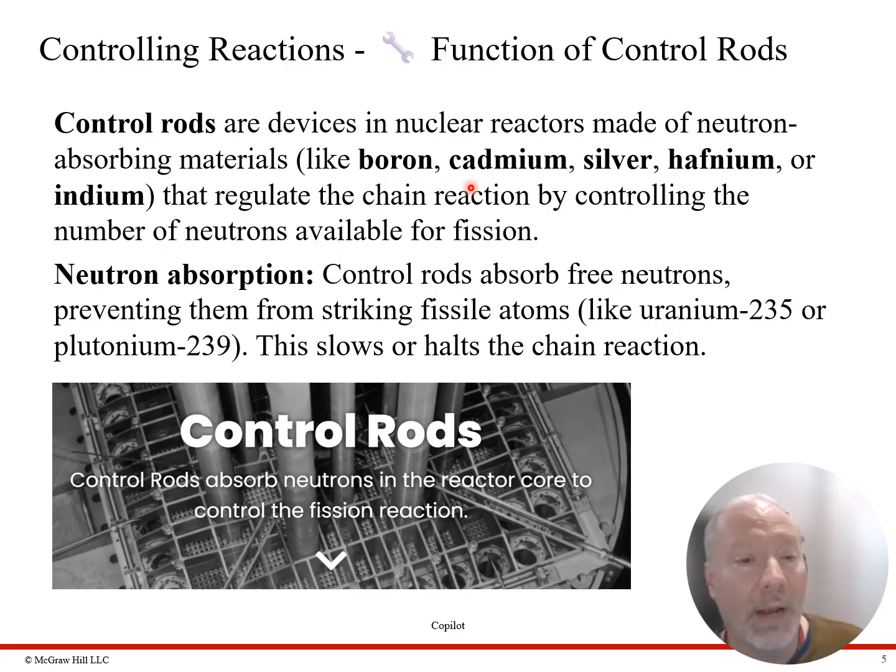You have to actually think about price and efficiency, but they can regulate the chain reaction by controlling the number of neutrons available for fission. So imagine more control rods, more reduction in the number of neutrons that are facilitating a chain reaction. So neutron absorption: control rods absorb free neutrons, preventing them from striking more atoms of uranium, etc.